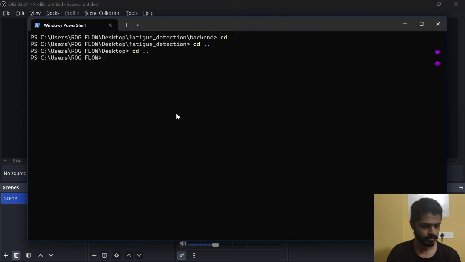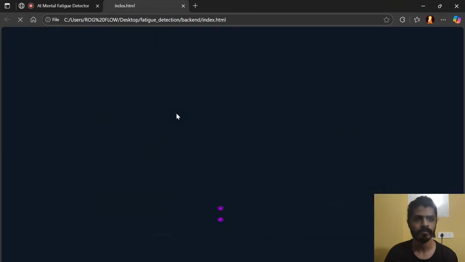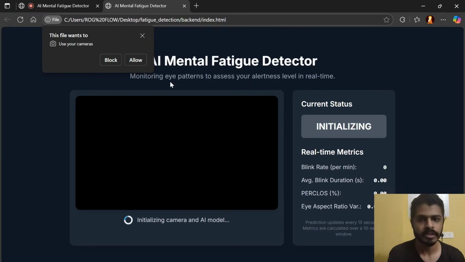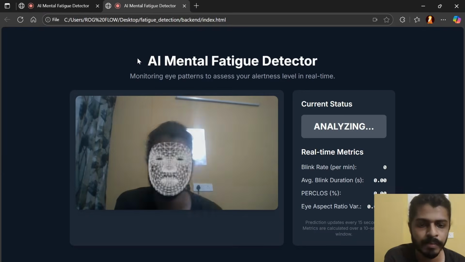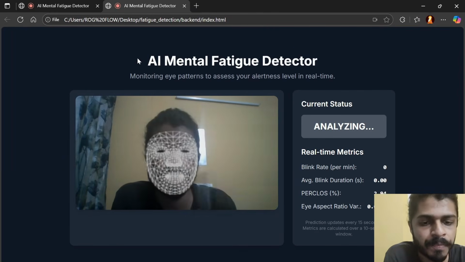Before starting the demo, we have to go to our project directory, which is under the fatigue detection directory and backend. First, we'll start our front end. It's asking for the camera permission. Okay. And now, as you can see, it can detect my face.